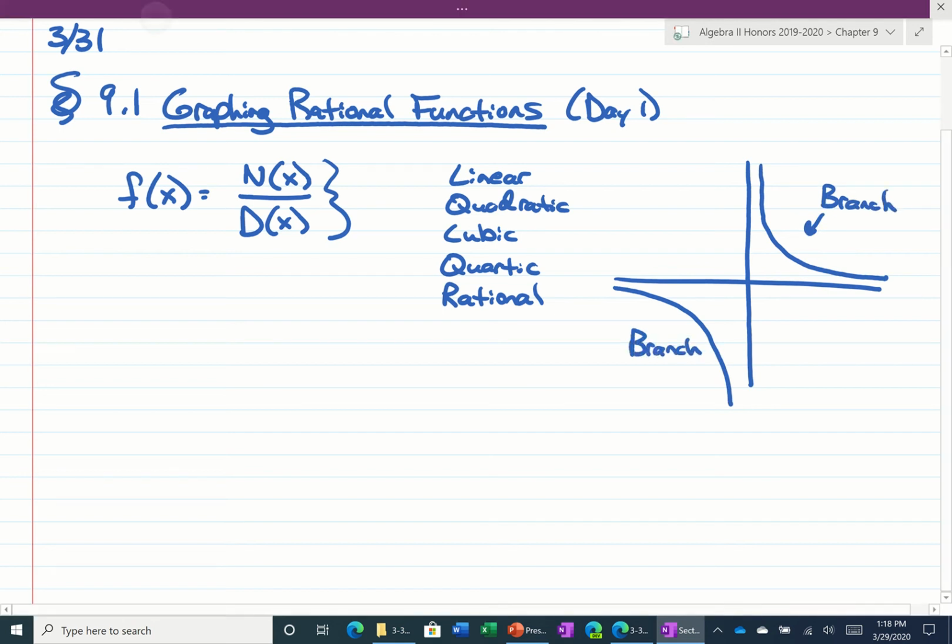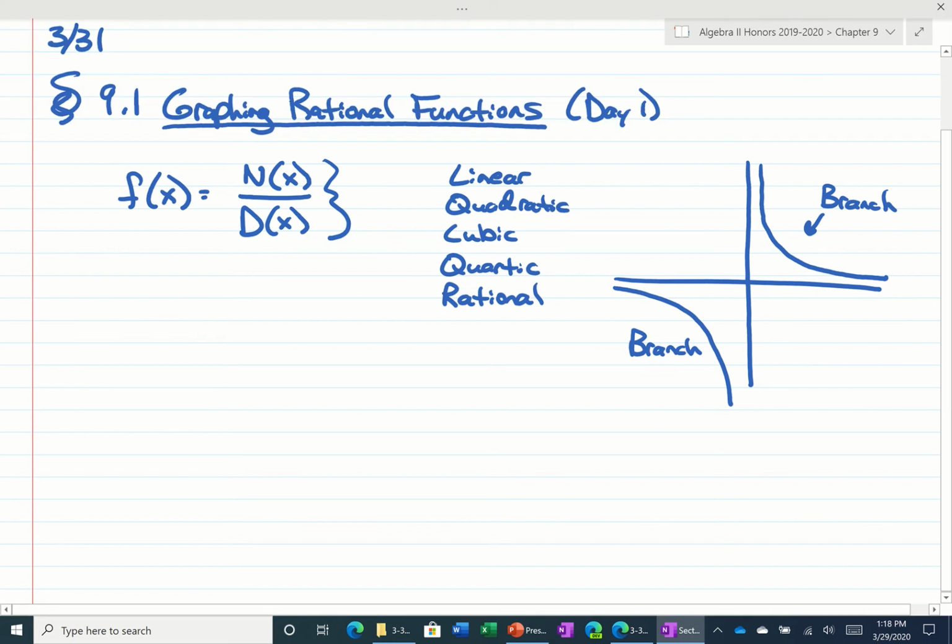But in order to get the branch, we need to have a scaffolding or something to give the graph structure. I'm going to draw dotted lines here. This dotted line represents a vertical asymptote, or a VA. Now, an asymptote is a line that a graph gets close to.